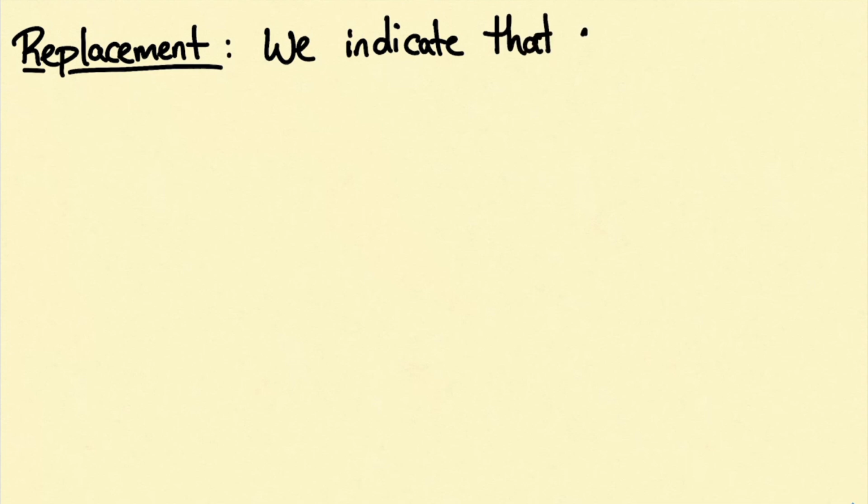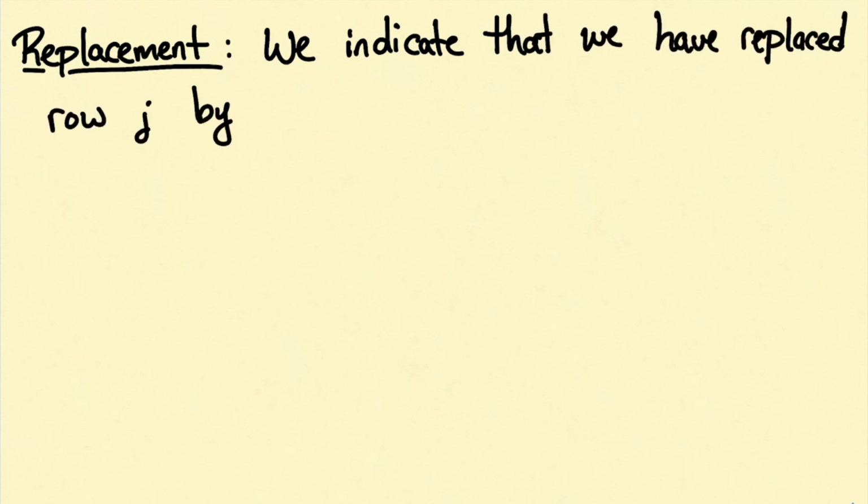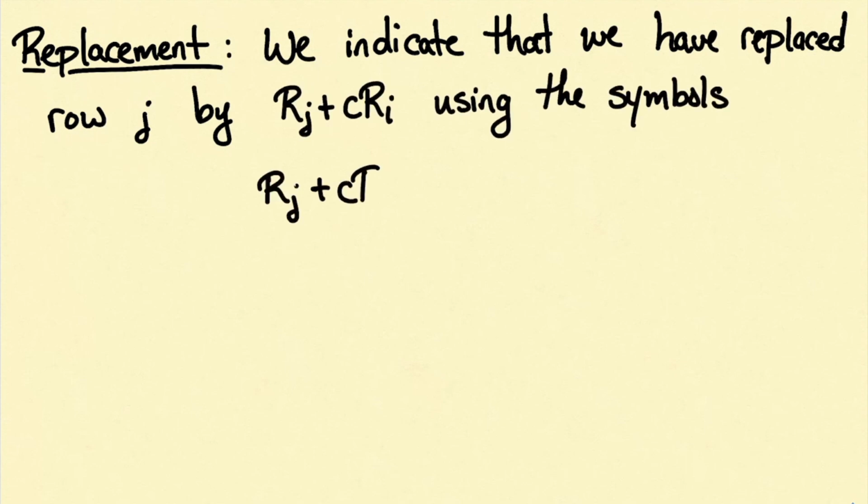Finally, we can encode replacement. We indicate that we have replaced row j by row j plus the scaled row i using the symbols Rj plus cRi maps to Rj.